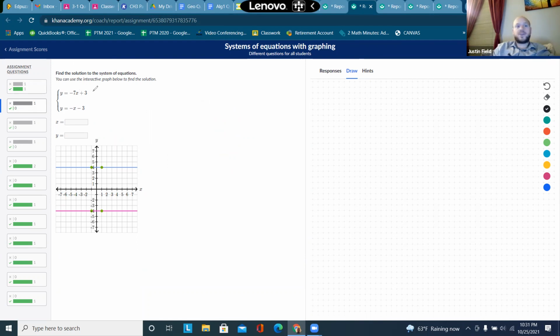They're in slope-intercept form. So let me graph this first line, and I'm going to start at my y-intercept of 3, and I'm going to use my slope -7 to go down, and then right 1. Okay, it's something like that.